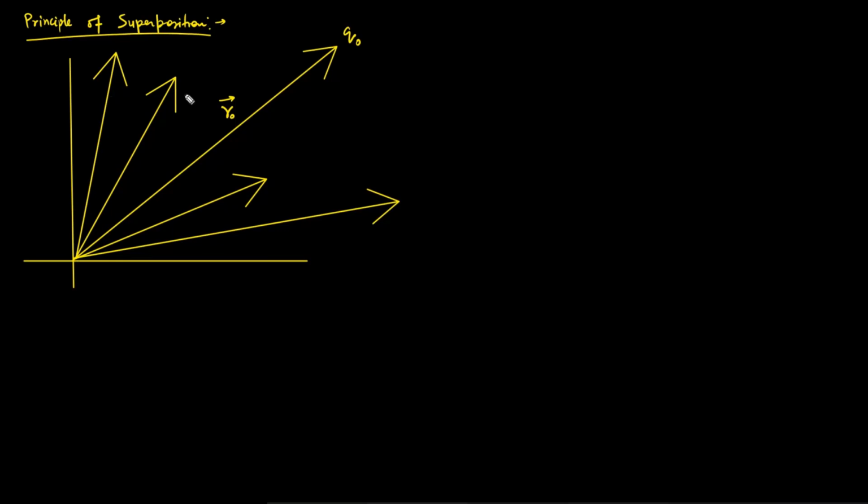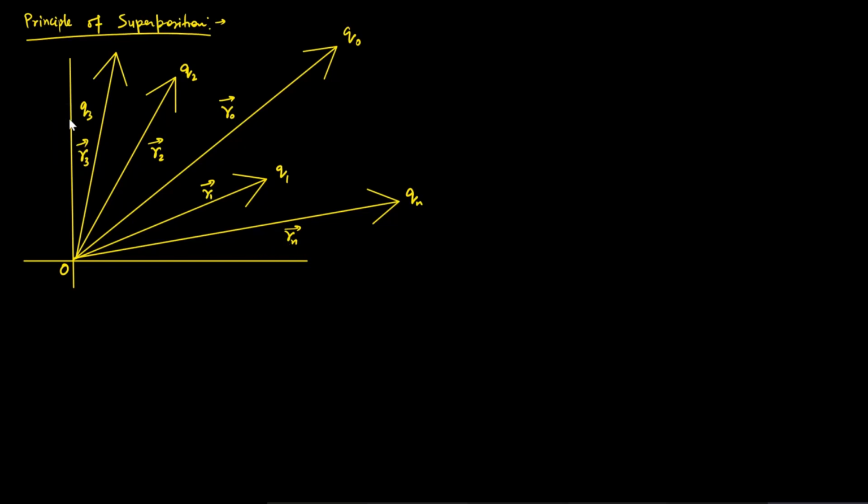Let their values be Q1 with position vector R1, Q2 with position vector R2, Q3 with position vector R3, and Qn with position vector Rn. Right now I'm considering all the charges are positive.